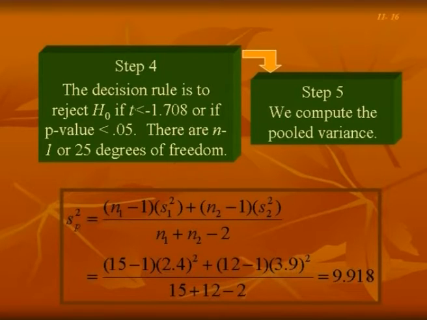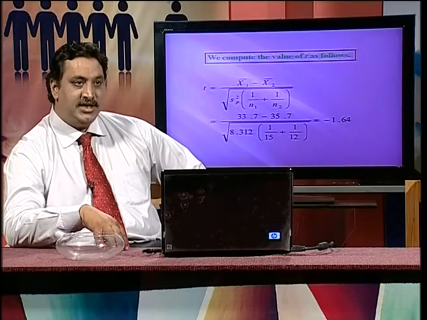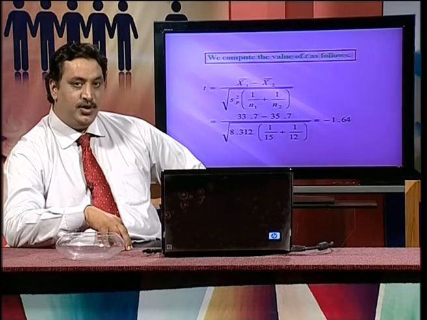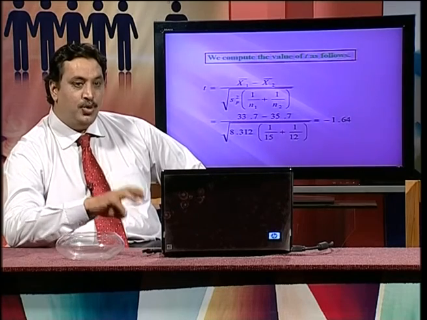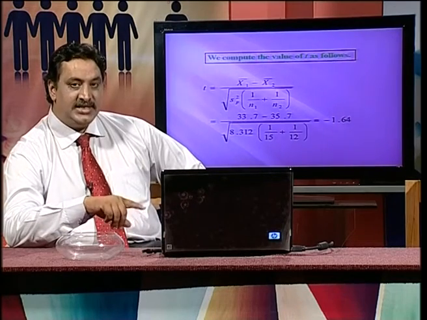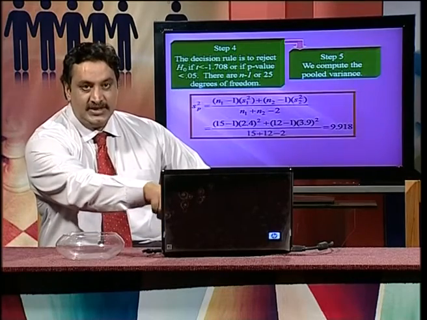Then we decide whether we reject or accept the hypothesis. Here are some calculations of the pooled variance. We earlier discussed the pooled variance, and it is 9.91. This is the t statistic. It is similar to the z statistic, but there is a difference: in the z statistic we use separate variances, but here we use the pooled variance, Sp squared, found with this formula.